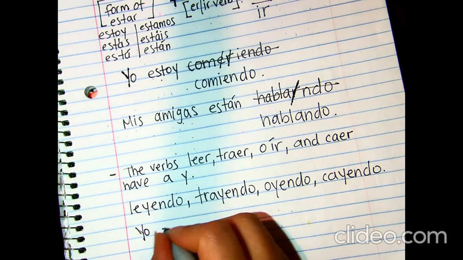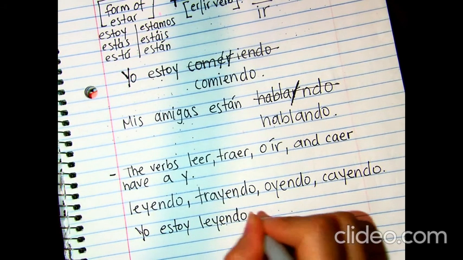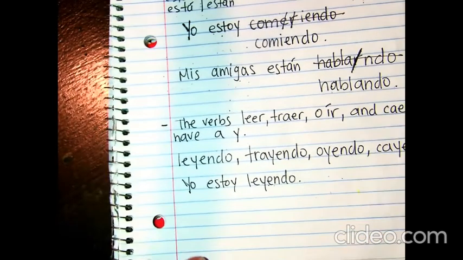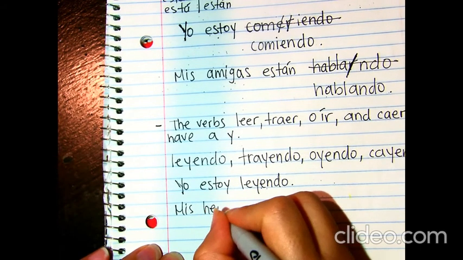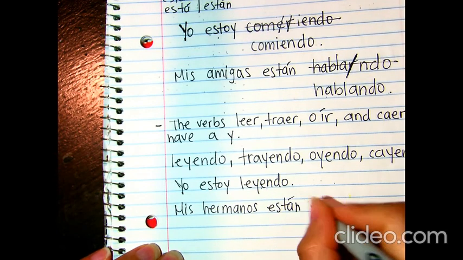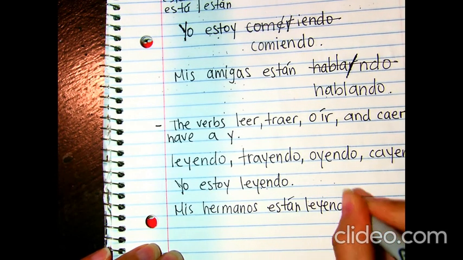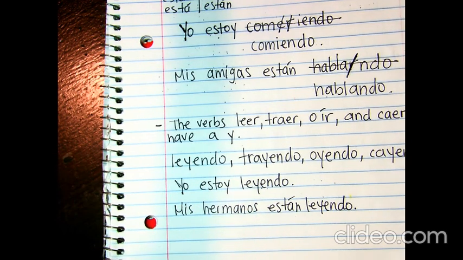Yo estoy leyendo. But if I want to say that my brothers are reading, mis hermanos están leyendo. So you see that? This did not change. The only change happened in the estar form.